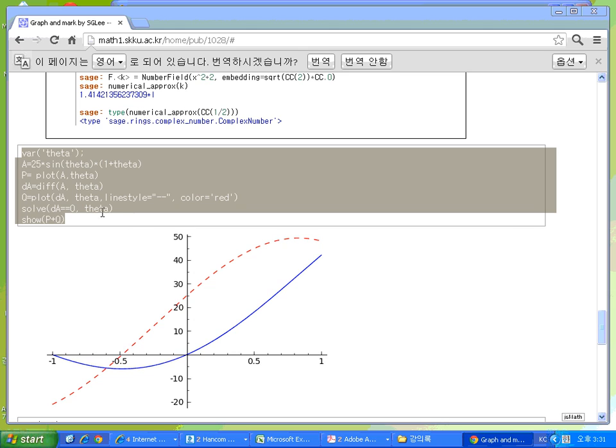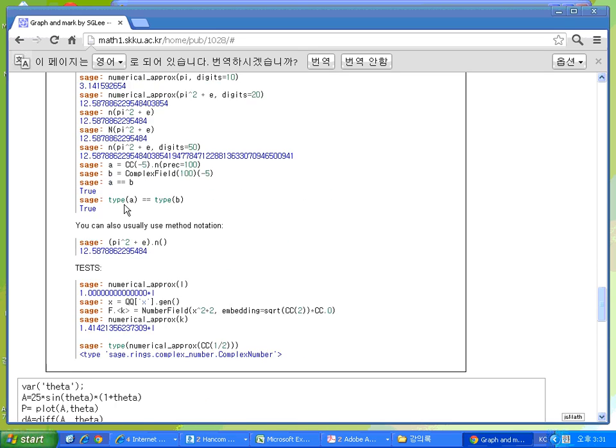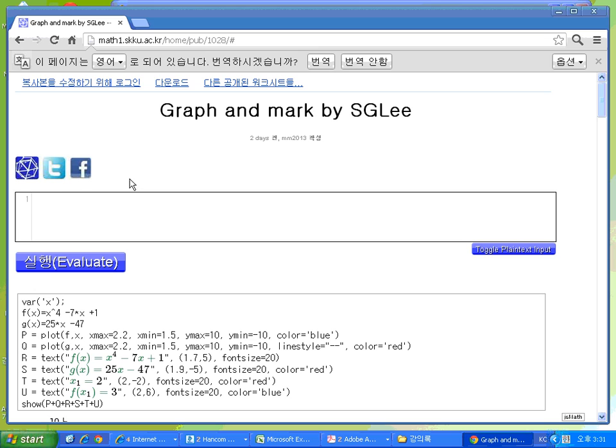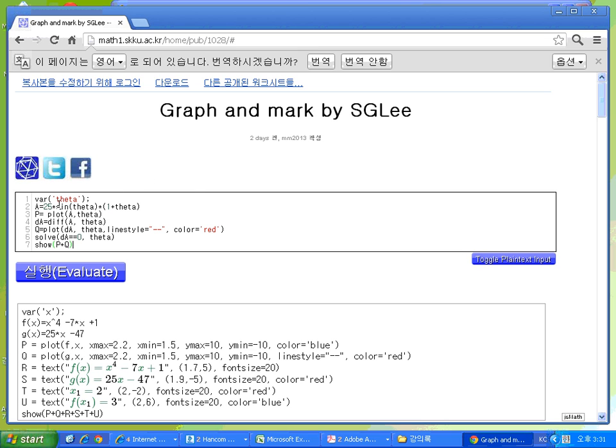We copy the command for the function that we are dealing with here and paste it in here. Then we have A of theta is equal to 25 times sine theta times 1 plus cosine theta.